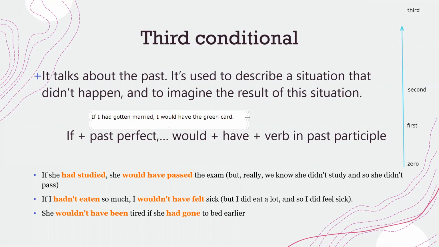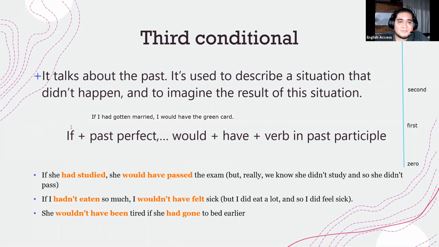Now, yes. Give me 1 second. All right. If I had gotten married, I would have the green card. This is not incorrect.